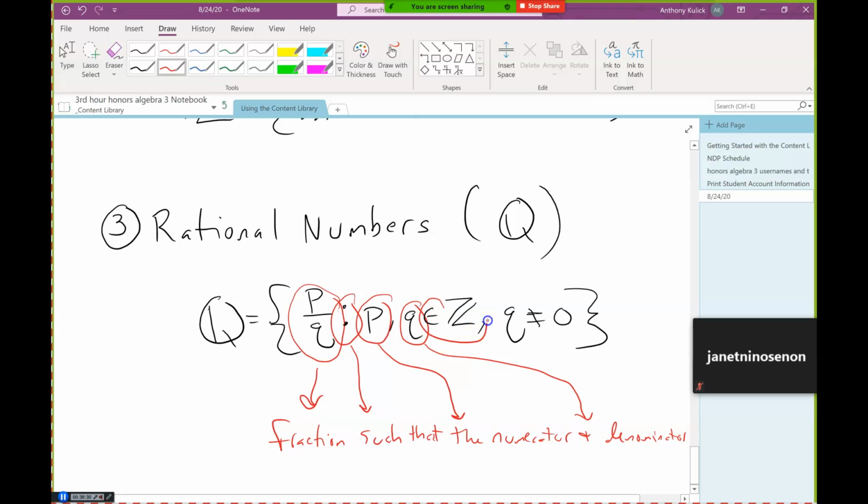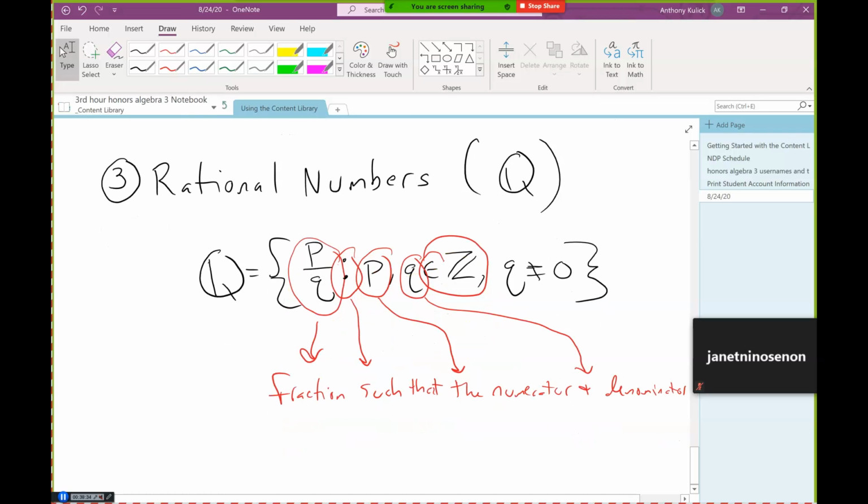And then what does this mean? A member of, right? And then the Z is the integers. Everybody agree with that?